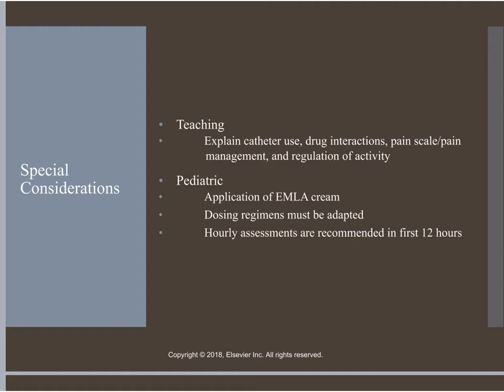In the pediatric population, apply EMLA cream, which numbs the site of insertion, for a minimum of 60 minutes before the catheter is inserted. Dosing regimens for children must be adapted for age and weight, with a maximum dosage clearly defined to minimize cumulative local anesthetic toxicity. Hourly assessments are recommended, especially in the first 12 hours for children. There should be a regular review of the need for infusion, especially after 48 hours.